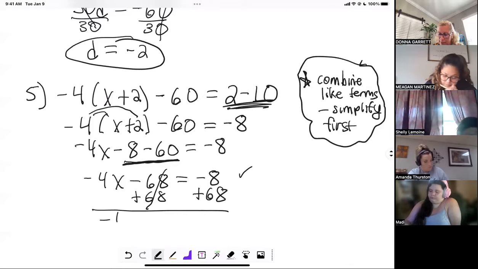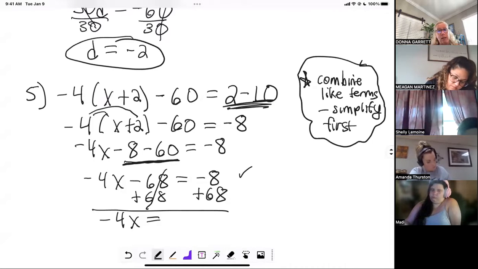So -4x comes down. And then I'm going to add -8 and 68. Opposite signs, so I'll subtract them, which is 60, and that would be positive 60.